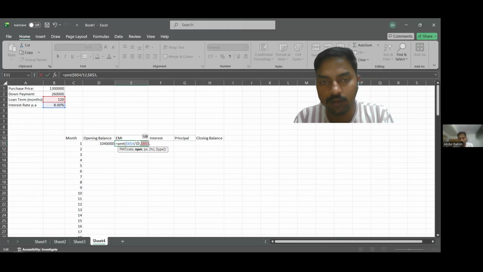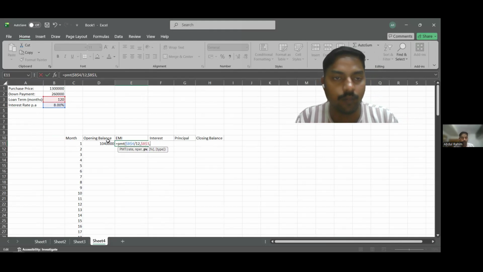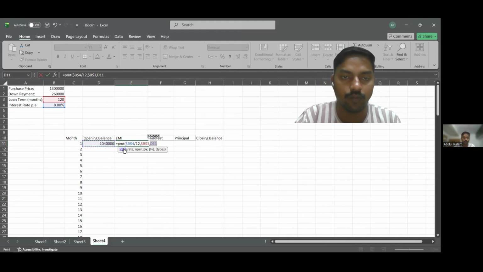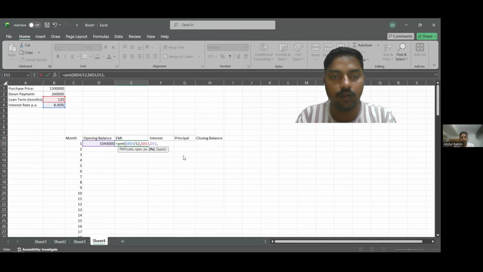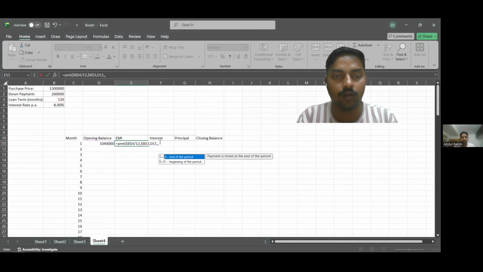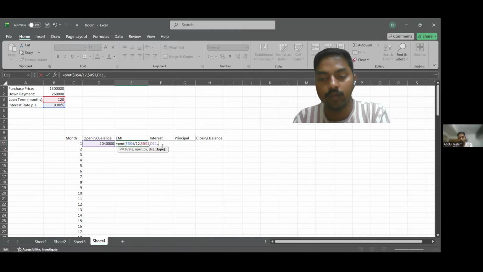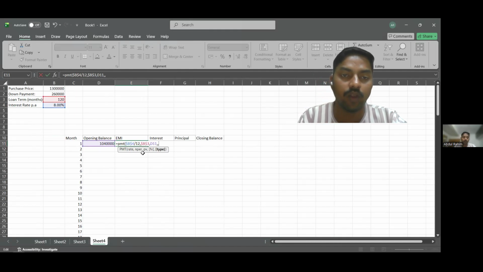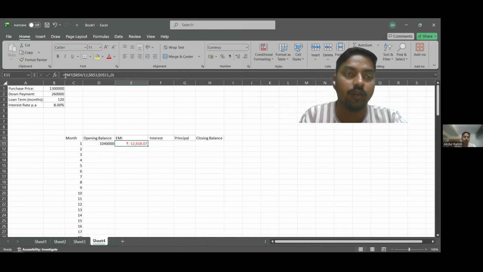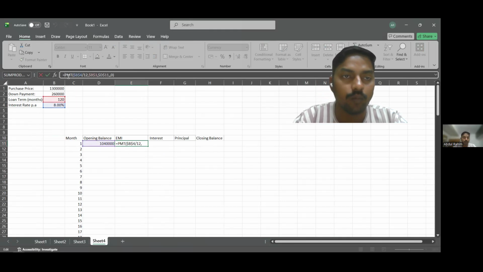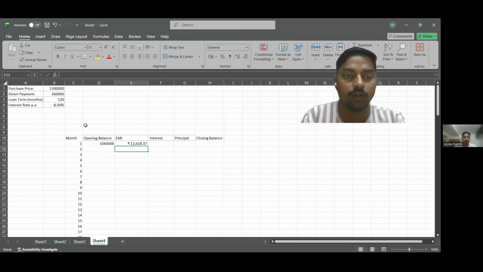The next thing is present value, that is opening balance, and also freeze the opening balance or present value. It's coming negative because PMT is negative, so we can put here a negative sign.